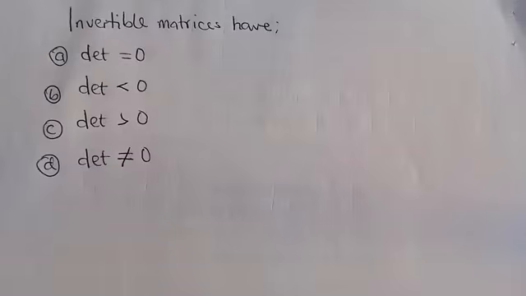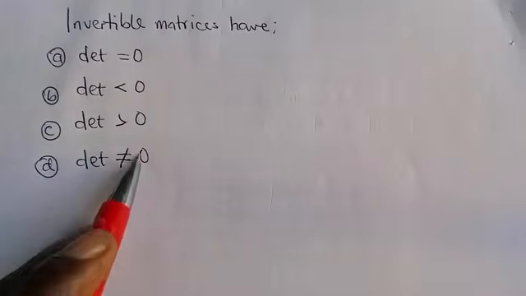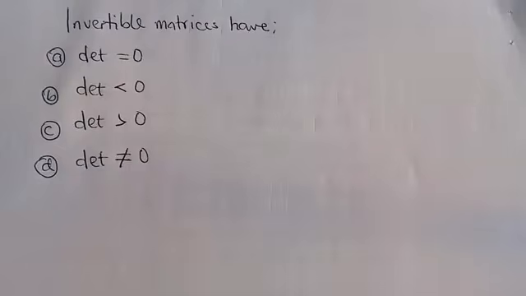Lastly on this for now, invertible matrices have: A, determinant equal to 0, B, determinant less than 0, C, determinant greater than 0, and D, determinant not equal to 0. Invertible matrices. Remember why we were looking at singular matrices? We did say that a singular matrix is a matrix whose determinant is equal to 0.